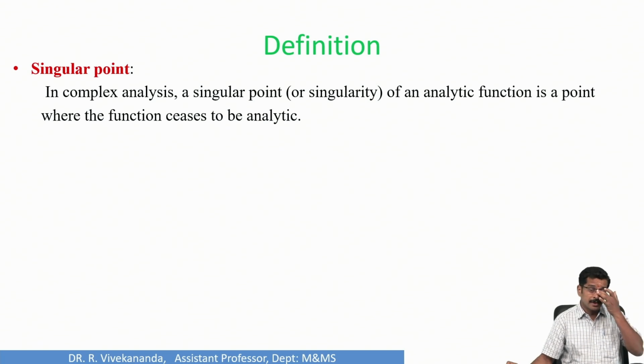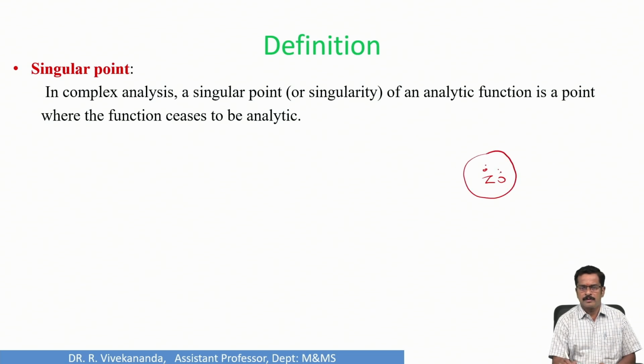Singular point. A singular point is a point at which a function ceases to be analytic. We have defined the neighborhood of z equals z naught. If in this neighborhood, at some point, the function is not differentiable, that point is said to be a singular point, where its derivative does not exist.